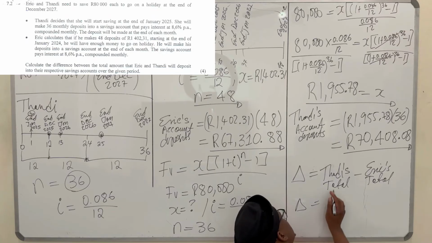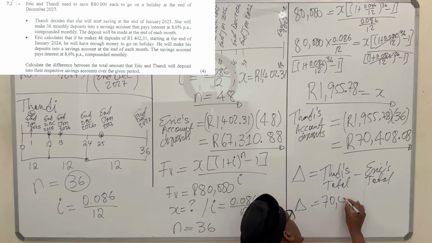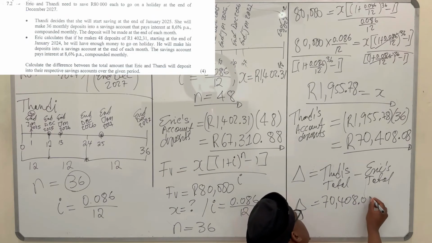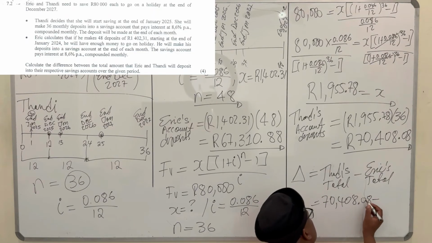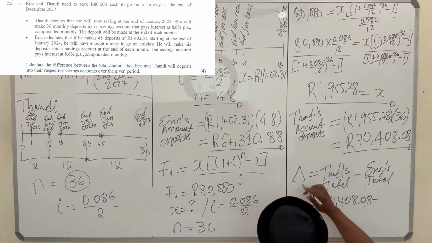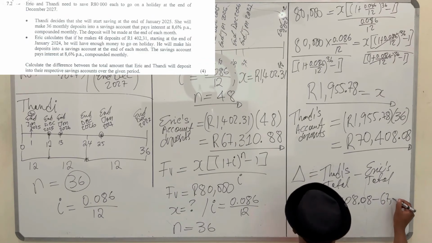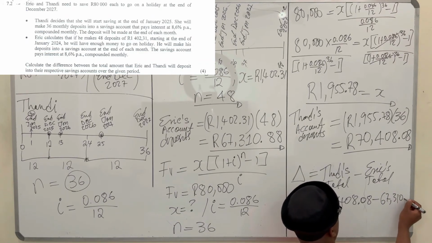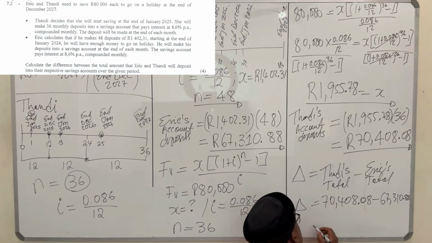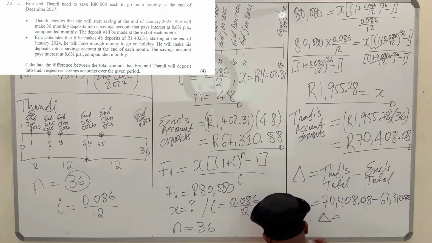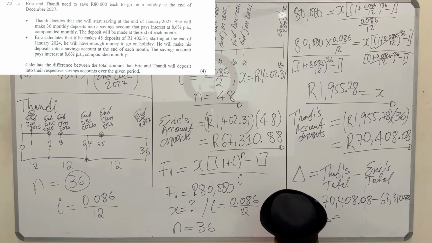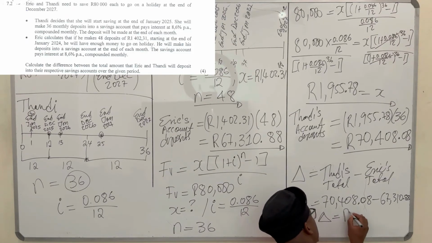So the difference is equal to Tandy's total, which is 70,408 rand 8 cents, minus Eric's total, which is 67,310 rand 88 cents. Therefore, the difference between their amounts should be the answer to that. So minus 67,310 rand 88 cents.